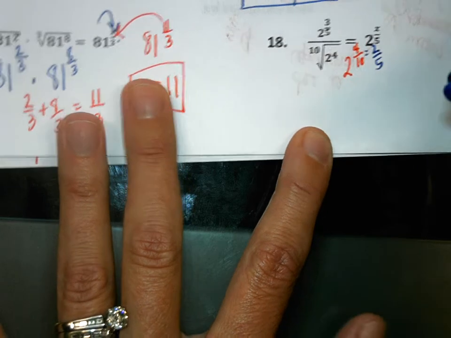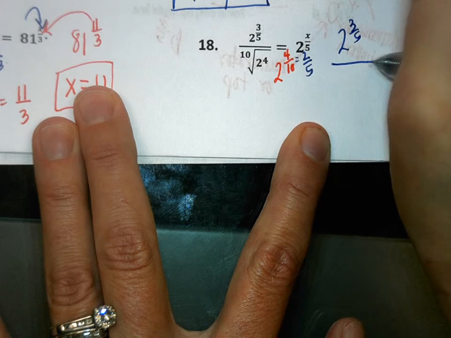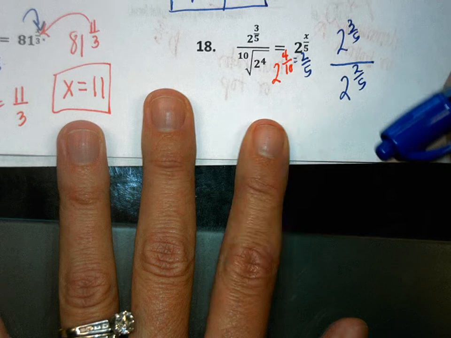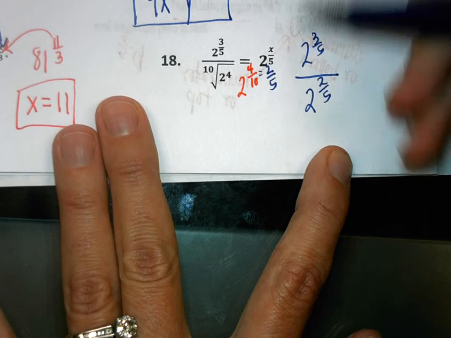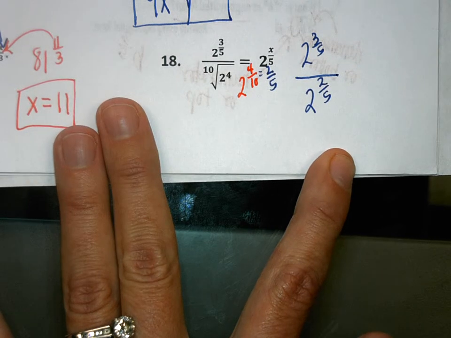So if I rewrite this problem, I have 2 to the 3/5 divided by 2 to the 2/5. And if you remember, when we have dividing, we don't add the exponents, but we subtract the exponents.